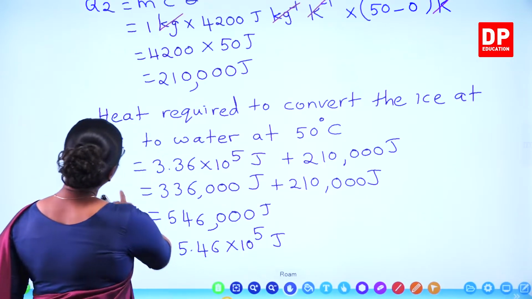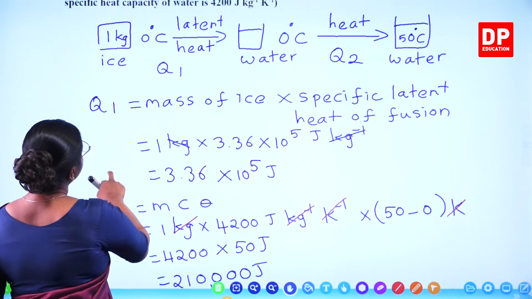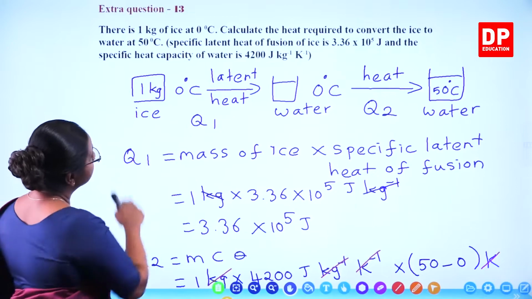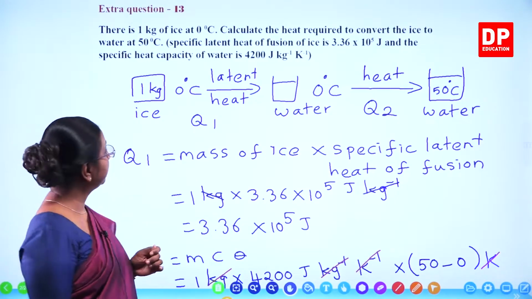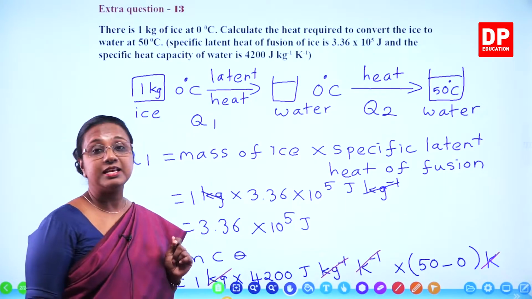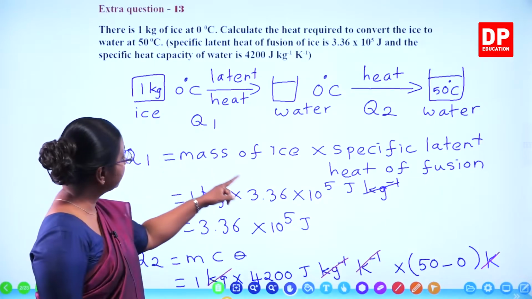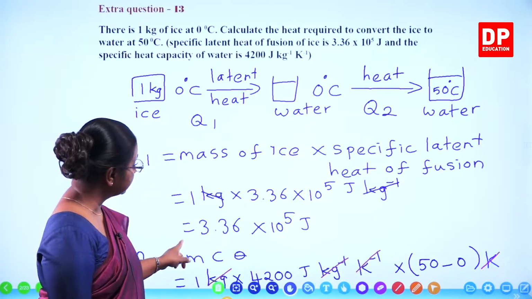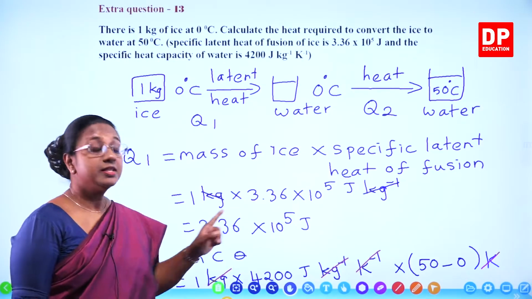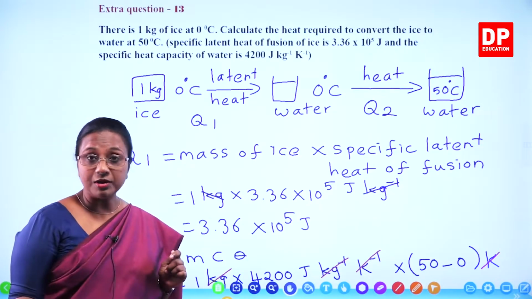If we go back and quickly check the calculation which we did before. So here the values were given to you. Convert the ice at 0 degrees Celsius to water at 50 degrees Celsius. So you all know initially there is a state change and there is absorption of heat to increase the temperature after that. So first we found the amount of heat that is needed to convert the ice to water, that is equal to the specific latent heat of fusion because it is 1 kilogram of ice.